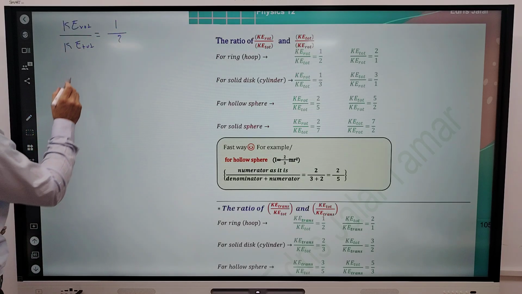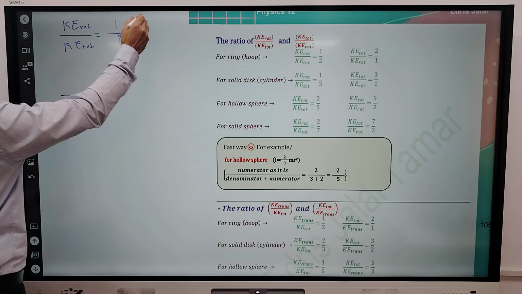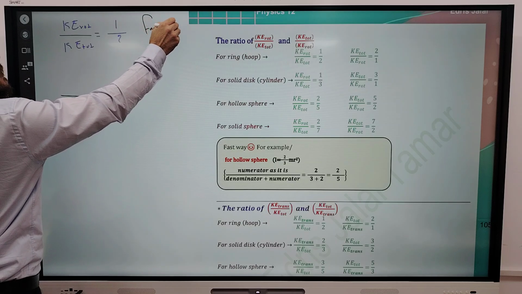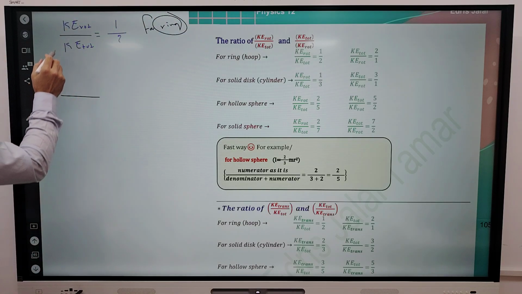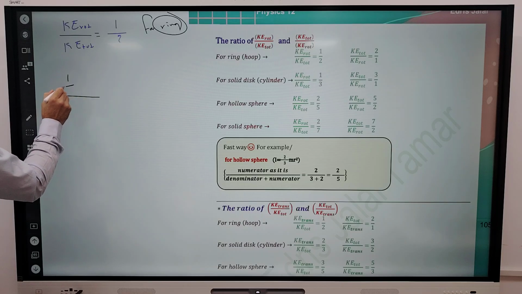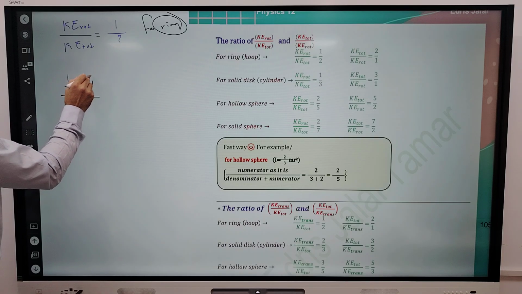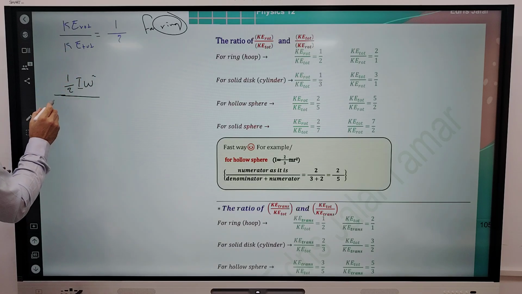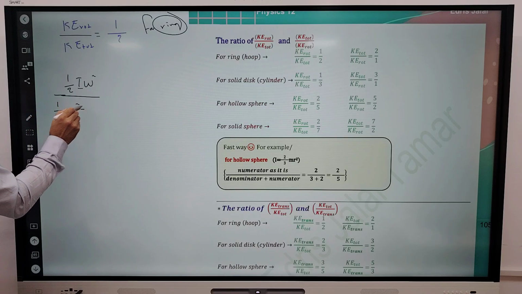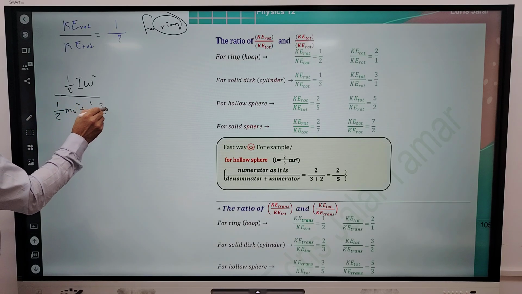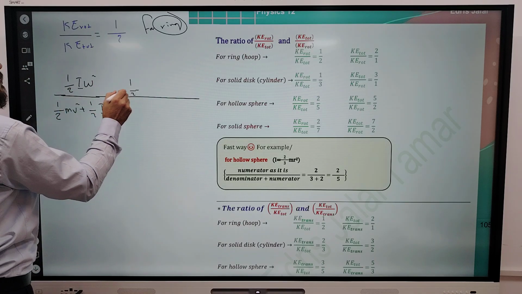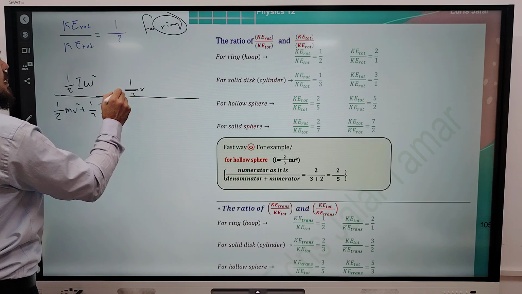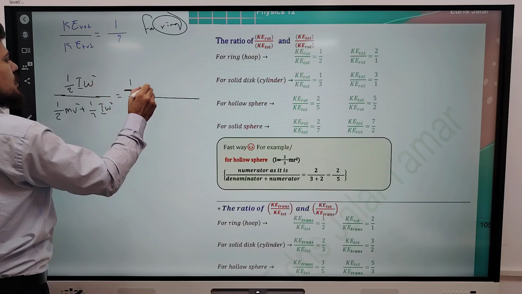Listen to me, please. Rotational kinetic energy for a ring, for what? For a ring. The shape must be mentioned, okay? Rotational kinetic energy for a ring is equal to 1 over 2 I omega squared. Total kinetic energy is equal to the summation of translational kinetic energy plus rotational kinetic energy, okay? 1 over 2 times the moment of inertia for a ring, which is equal to what?